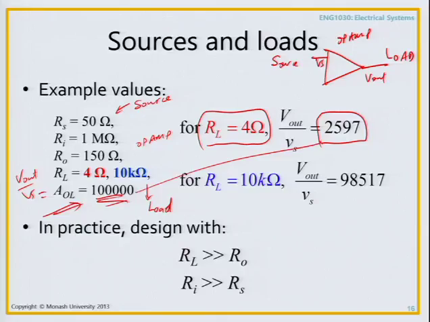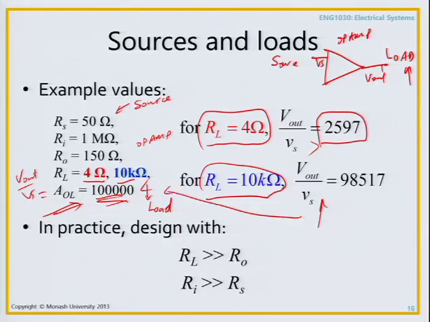Considerable difference here, all because we're now using realistic values for the components in our circuit. As we increase the value of the load resistance we're putting onto the op-amp, our value of Vout over Vs starts approaching the ideal value of AOL. This is all because we're not using the ideal op-amp.